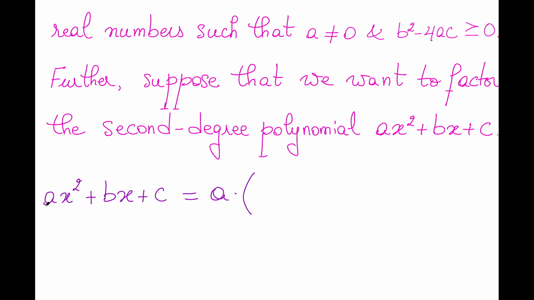If you factor out a here, you get x squared, correct? And if you factor out a here, you get b over a x, correct? Because you're dividing this term by a. Factoring a out means you're dividing that guy by a, right? This divided by a is b over a x. Make sense? Plus c over a.